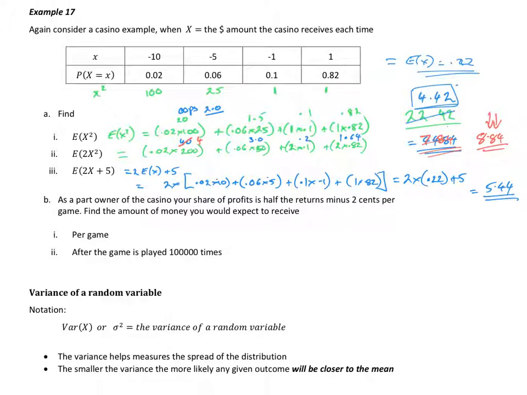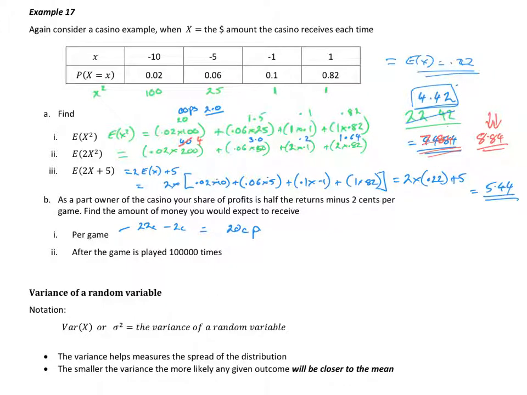As part owner of the casino, your share of profits is half the returns minus 2 cents per game. Find the amount of money you would expect to receive per game. So we just spoke about that, wasn't it? Per game, I expect to get back 22 cents less 2 cents, which is 20 cents.